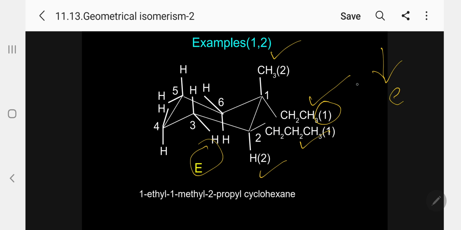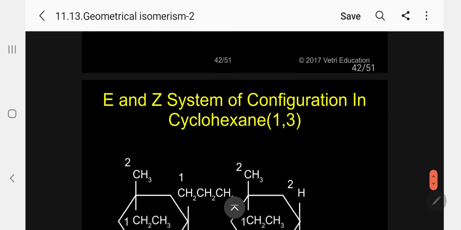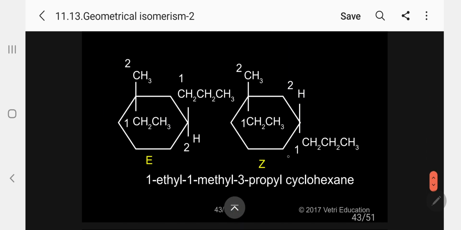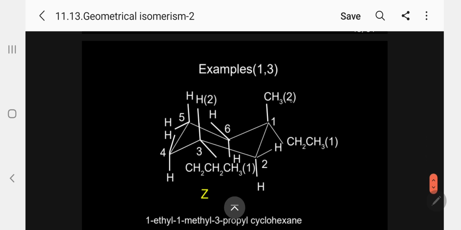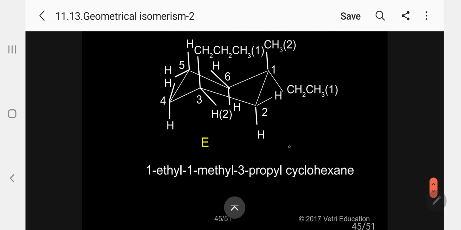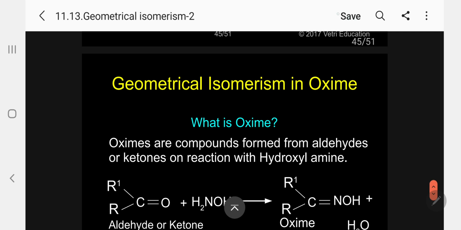So that means it is moving upward. So I will say opposite. Opposite means E. So it is E: 1-ethyl-1-methyl-2-propylcyclohexane. So even for cyclohexane, we are able to give the information. Kindly follow. The same way we can give for 1,2, 1,4 and 1,6; 1,3 and 1,5 are also identical.